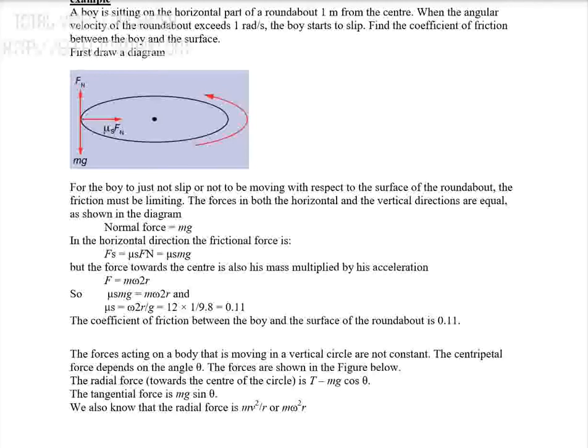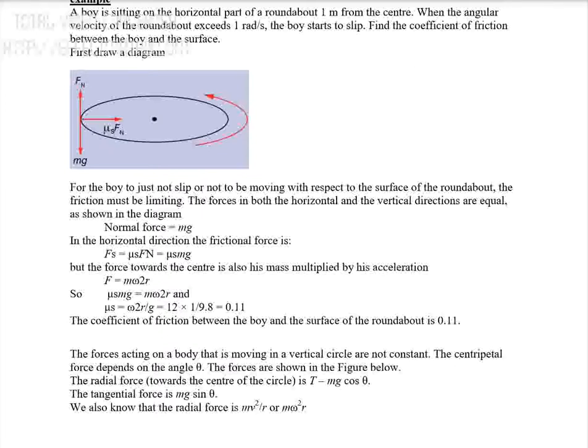For such diagrams, for the normal force, we will take what? The weight, because it's straight. And the centripetal force, which makes the object move in a circular motion, is the frictional force. Which one? The static friction. Therefore, Fs is mu s times Fn.